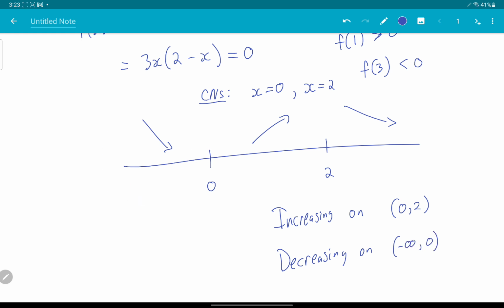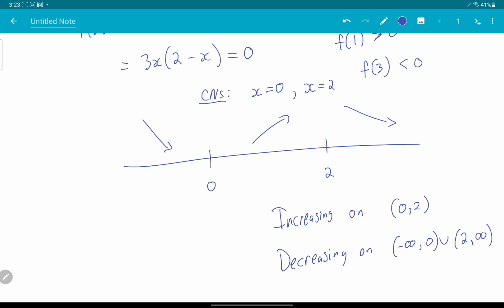It's decreasing here. It's also decreasing here. And what we usually do is put a U, it's called a union, to connect these two intervals. So decreasing here, but also here, right? And we express that like that. Okay.